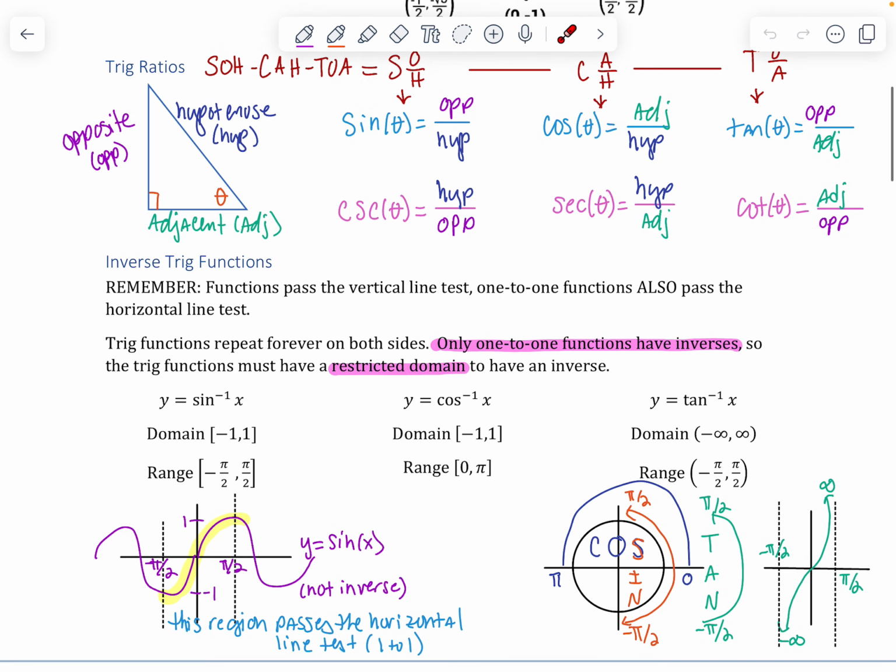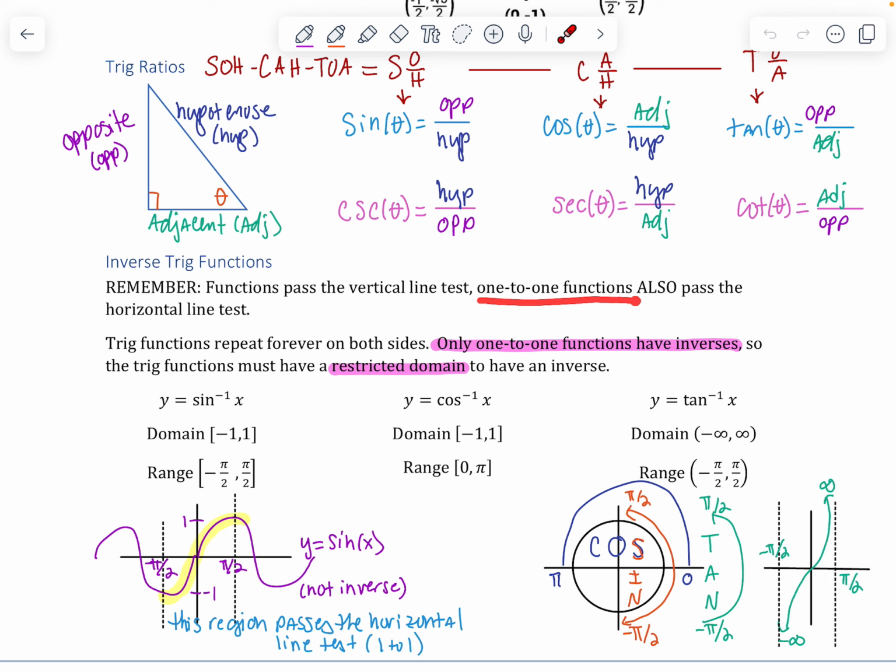Okay, so finishing up our knowledge, we need two pieces to start working with our inverse trig functions. An equation, I'll say, is a function if it passes the vertical line test, meaning I can draw a vertical line anywhere on the curve or shape of this function, and my vertical line will never intersect the curve more than once.